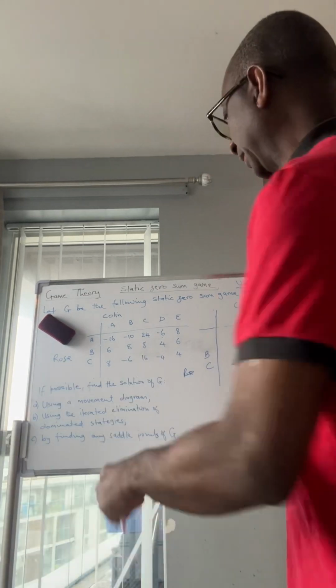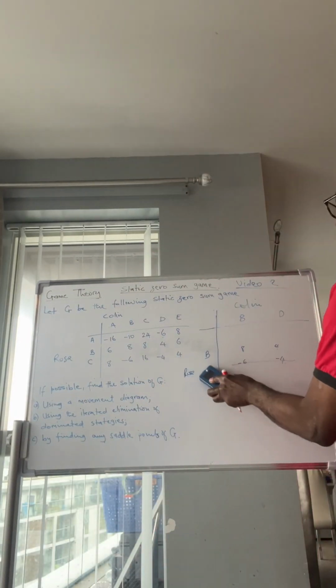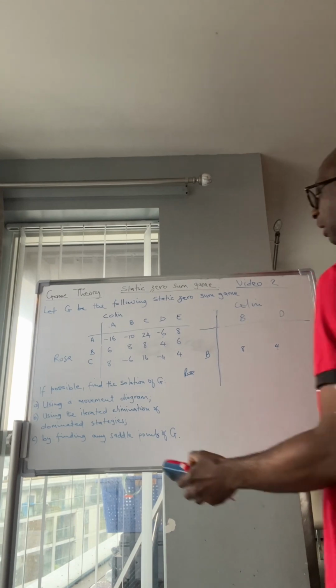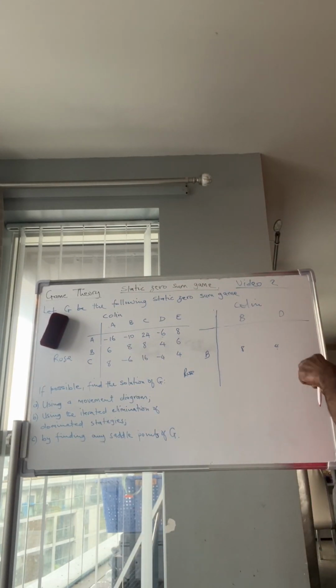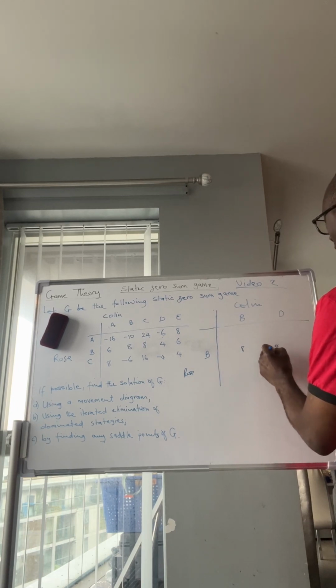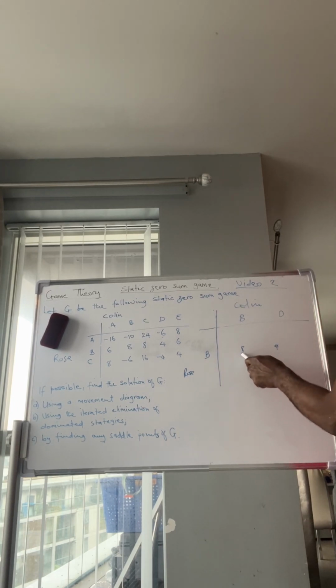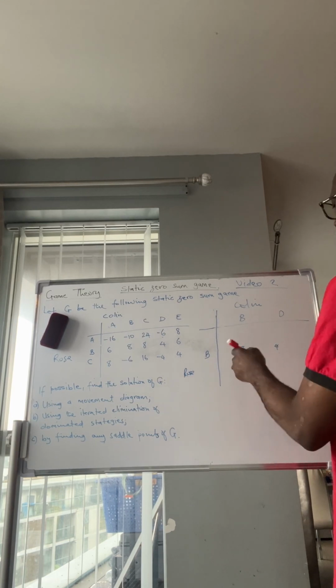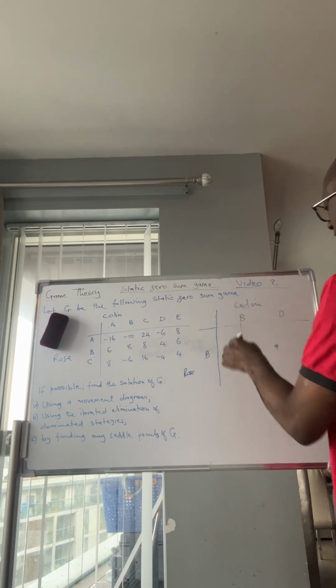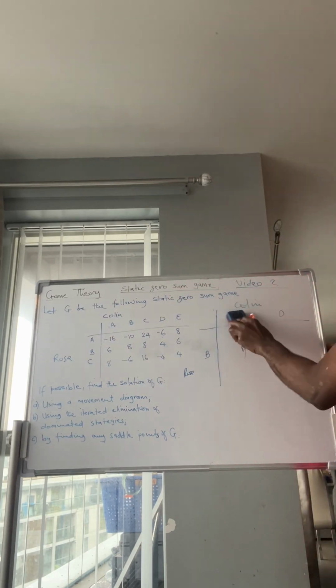So now row C is gone. We now have two columns left. According to column, the bigger one is the dominant. The dominant one goes. So 8 dominates, B dominates D. Therefore, B goes. So this one goes.